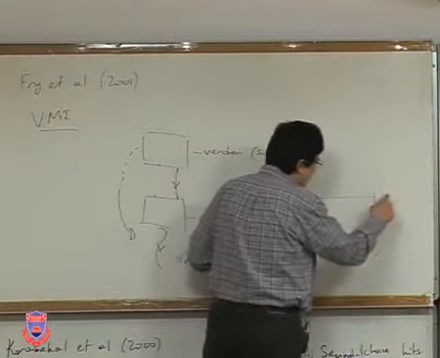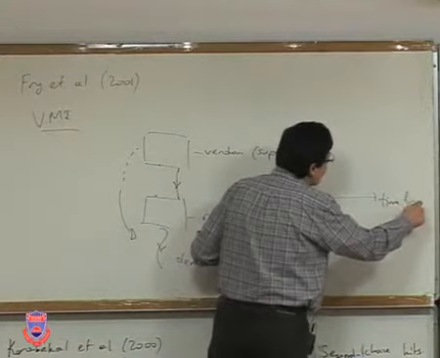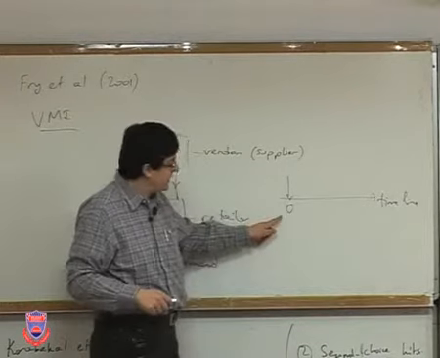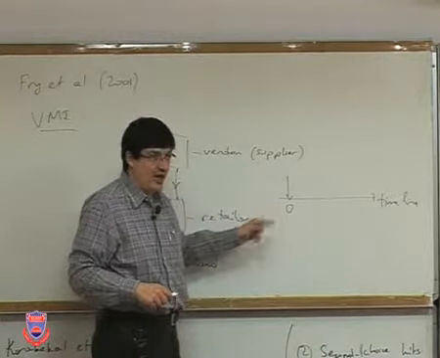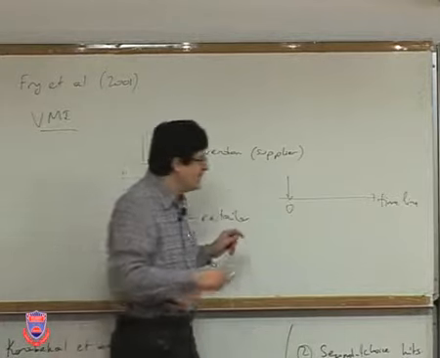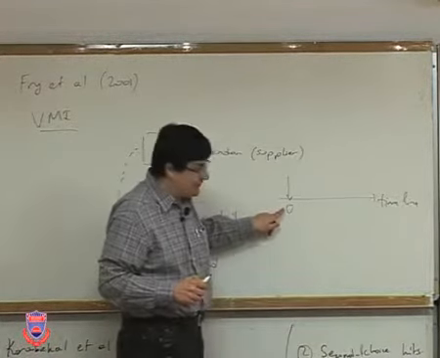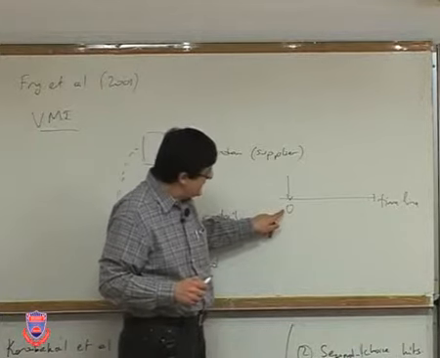If this is the timeline, and this is time 0 where, let's say, the product is at the retailer. So I'm following a single product. There are various different possibilities.